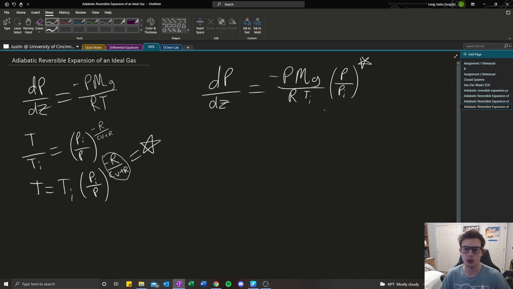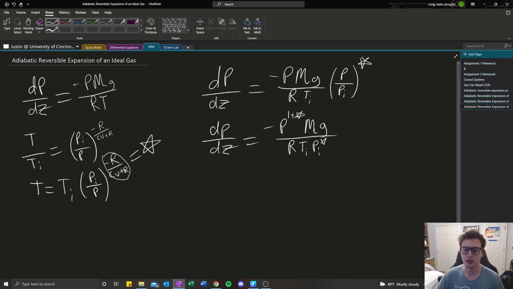Now I'm going to start simplifying this down. We notice that this is P both on top, so we want to combine that. This is a 1, and we've got star, so we want to make that negative, and then we get 1 plus star times molecular weight times g over the gas constant times the initial temperature, initial pressure to the star.